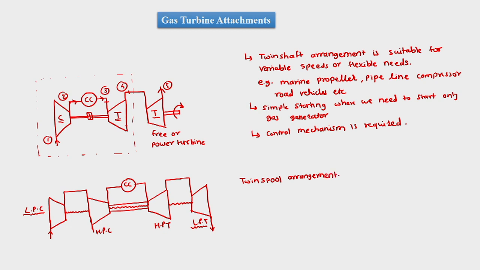And in the twin spool arrangement we have two compressors run by two separate turbines. This arrangement is useful to achieve the higher pressure ratios which are required for the gas turbine power plant.